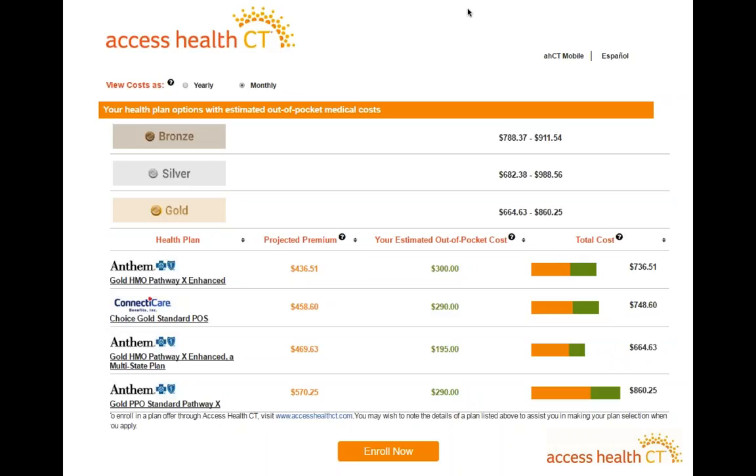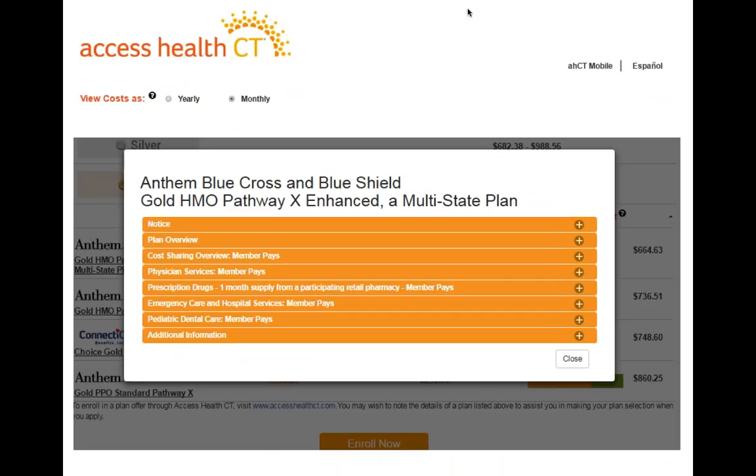So you can now select that this is the lowest plan that I can go with, and then you go and click on the plan. Let's say you have chosen the Anthem plan, you like it, and you can click on it, and you see all kinds of information for this plan, and you can delve down into it and look at the benefits.